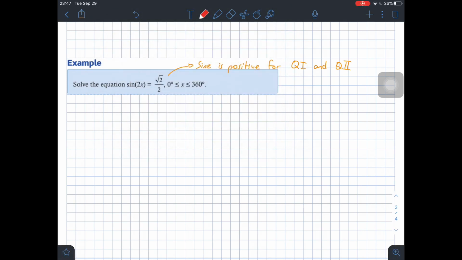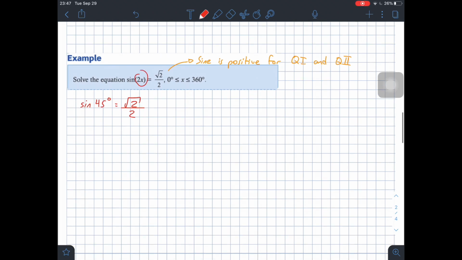So when was sine equal to root 2 over 2? Sine is equal to root 2 over 2 when the angle, which is all of this, 2x, is equal to 45 degrees. So sine of 45 degrees is root 2 over 2. If you can remember that from the hand rule, right?